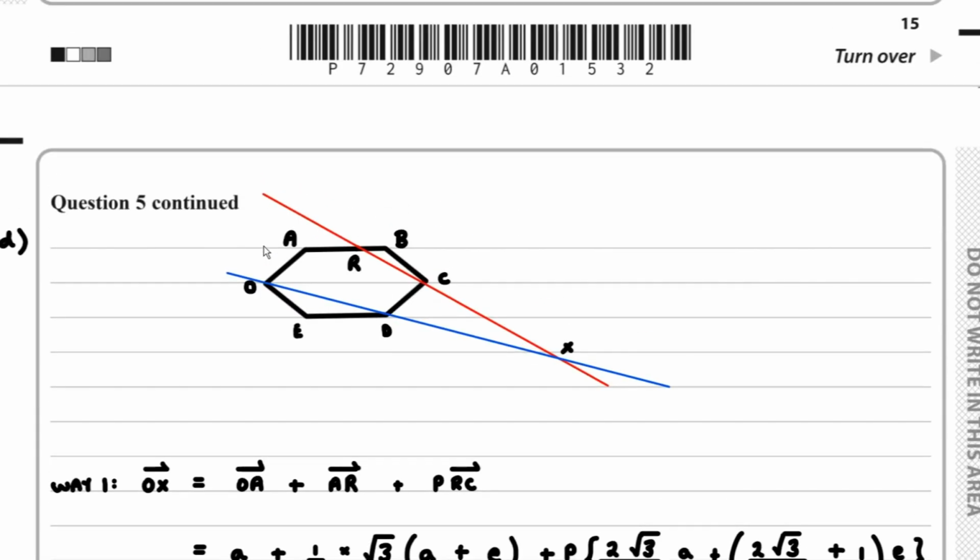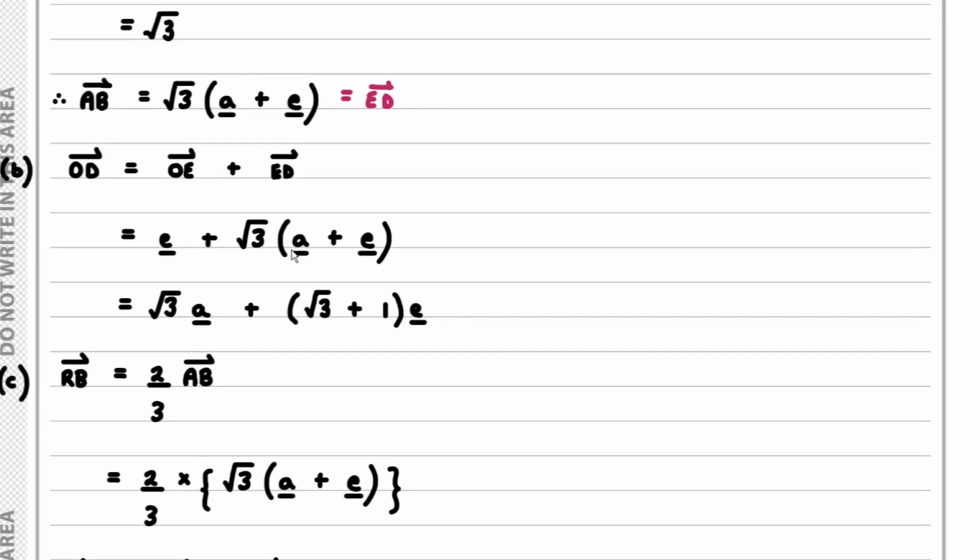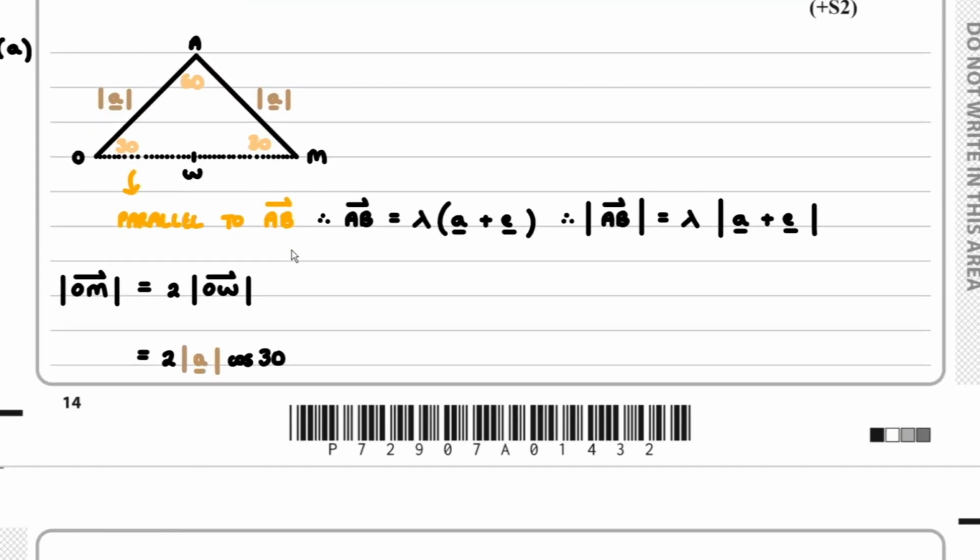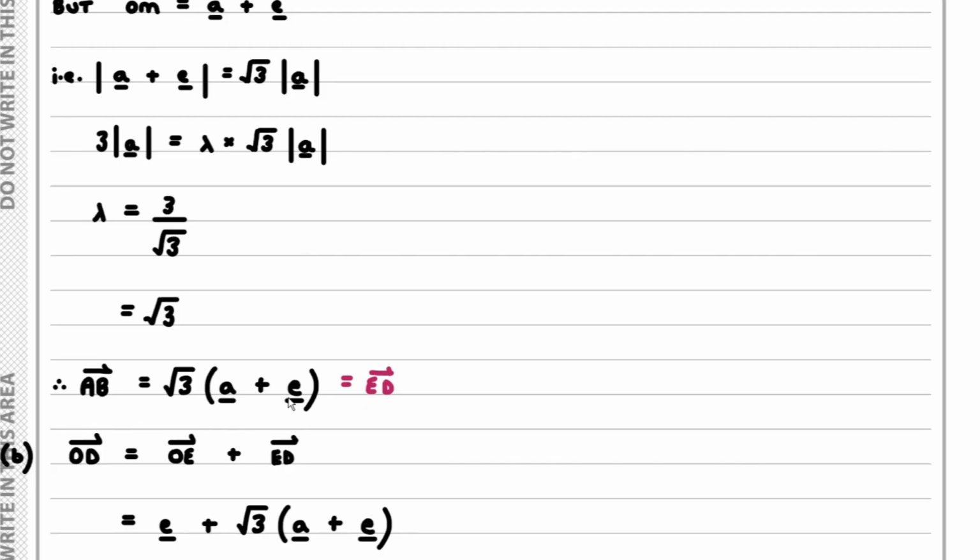Now, OD, we can go from O to D by going from O to E, and we know that vector, and then E to D, and we also know that vector because we worked it out earlier, and that was here.